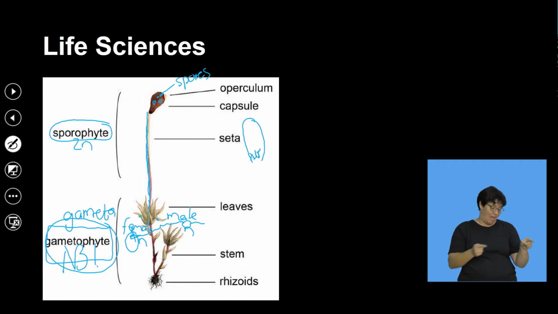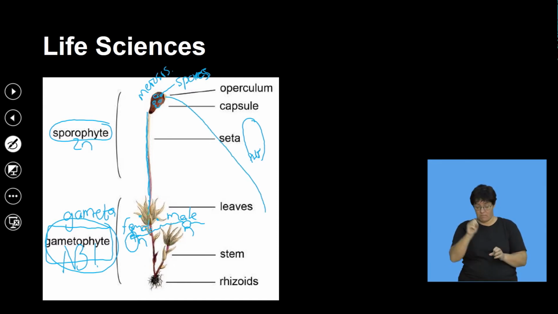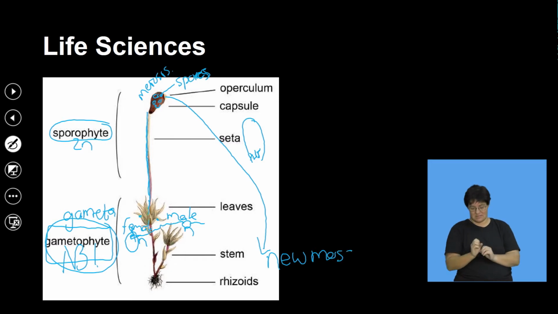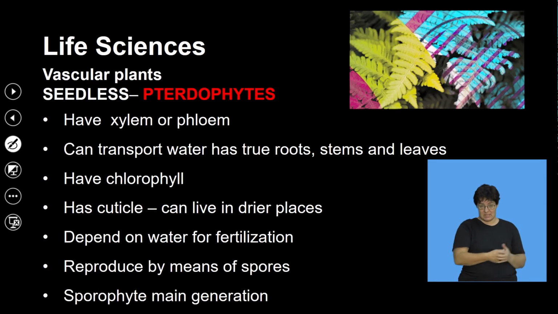So inside here, we're going to have spores, a process called meiosis occurs, which you will look at a much later stage, and these spores then fall to the ground. When they fall to the ground, what are they going to do? They're going to make a new moss plant. So this is the gametophyte generation, and that is the sporophyte generation.